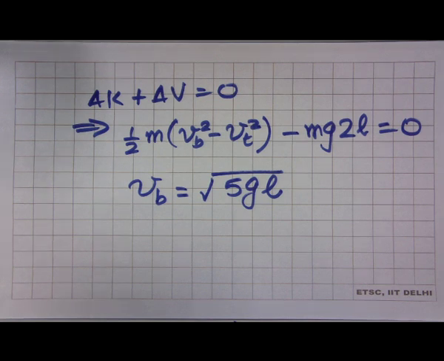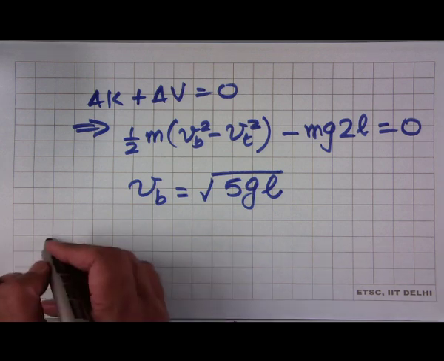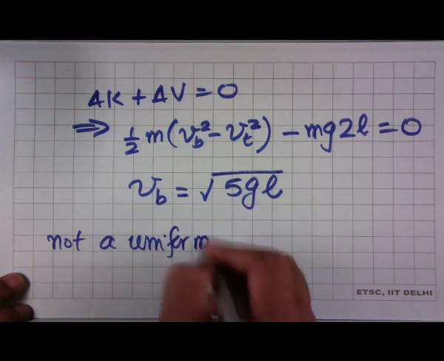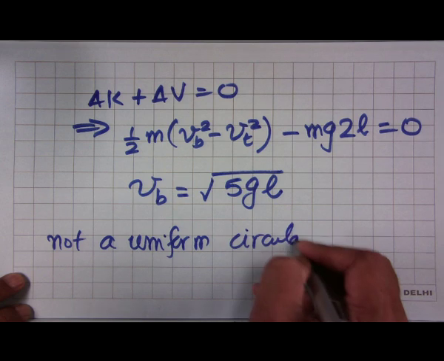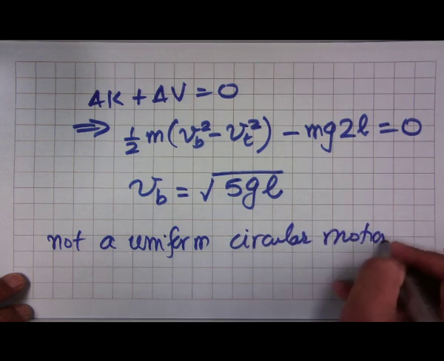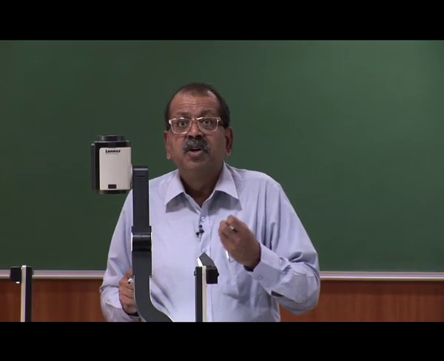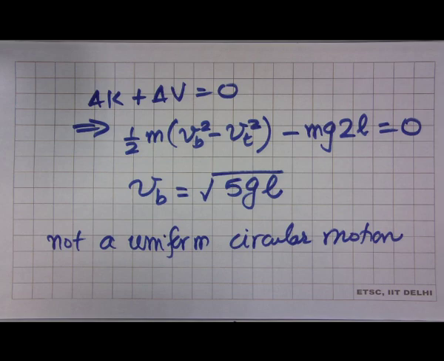So, now one thing we realize is, if you look at this motion, this is not a uniform circular motion. Why is it not uniform? Because the velocity is changing. So, that means the speed is not constant throughout.